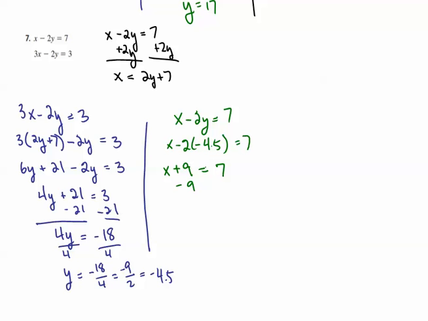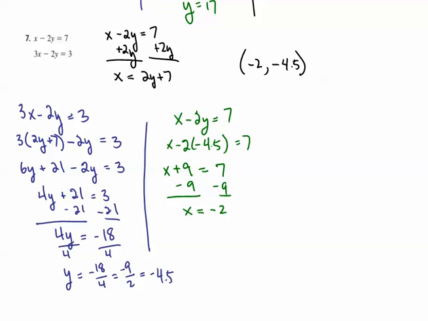Subtracting 9 on both sides, and I get x is equal to negative 2. All right, so if I'm correct here, my x coordinate for this problem is negative 2, and my y coordinate is negative 4.5.